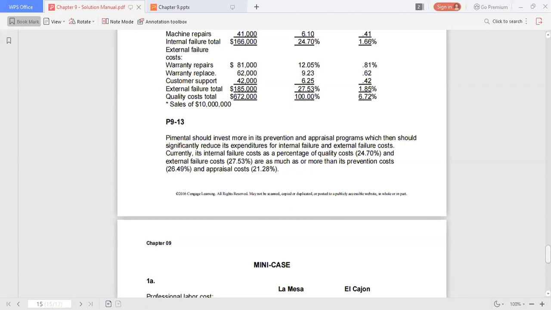So, that will be on April 22: P9-1, P9-2, P9-3, P9-4, and P9-6 and P9-7.